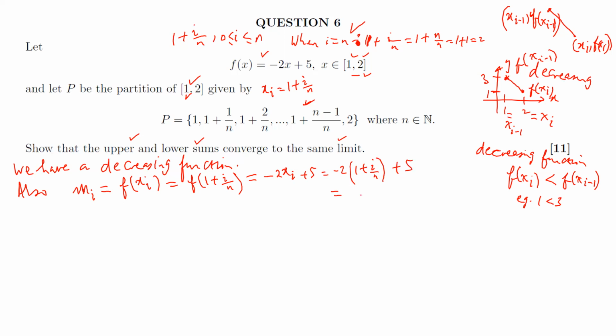And therefore, we multiply out here. This is minus 2i over n. Then there's minus 2 plus 5, which is only 3. Okay, so this is giving us the smallest one, which is the infimum. Now, then we have the next one, which is the supremum.